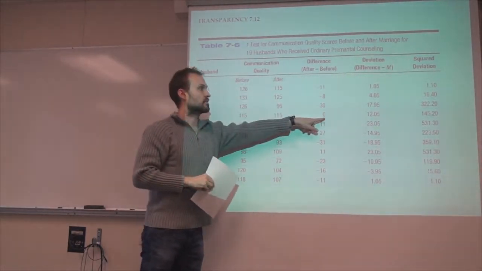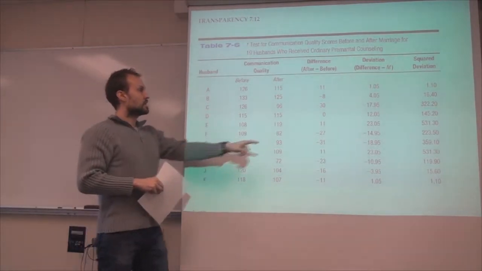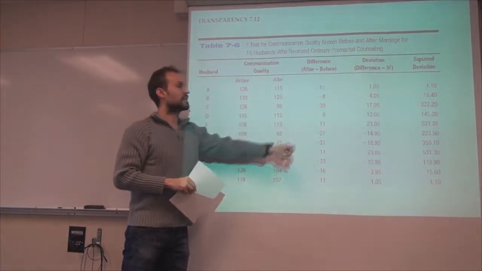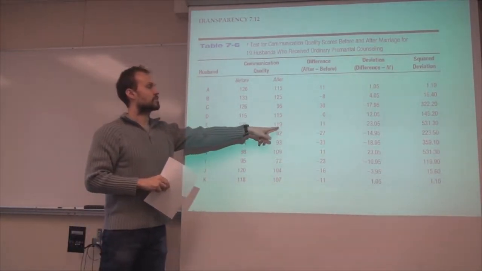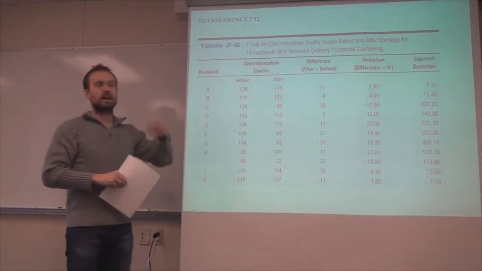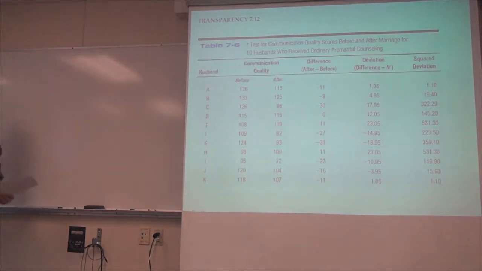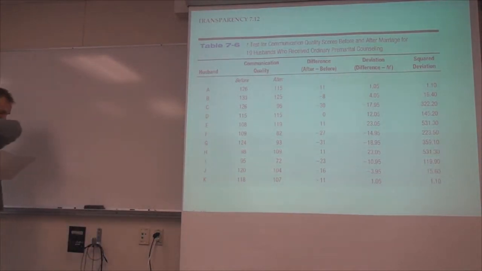Some of them stayed the same, so a zero difference would indicate staying the same. Individual E, his difference increased, meaning that the after rating is higher than the before rating. So I get positive, negative, and zero values for the difference scores.